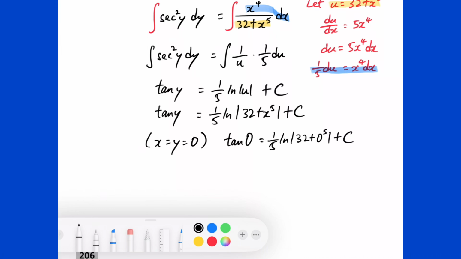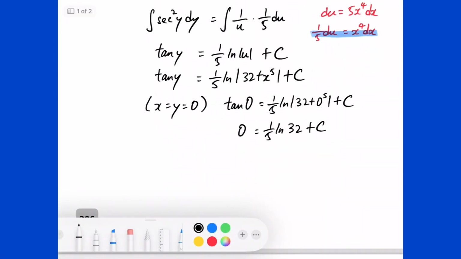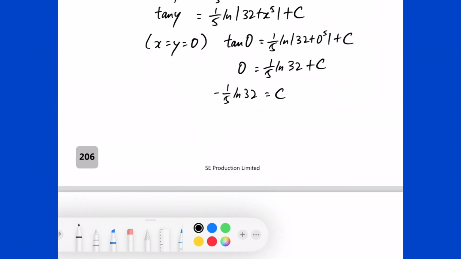So for the left-hand side, tan 0 will be equal to 0, as the graph of y = tan x passes through the origin. And then the first term on the right-hand side will be 1/5 natural log 32. So we have negative 1/5 natural log 32 equal to the arbitrary constant c. Therefore, we can substitute this result into the previous expression.